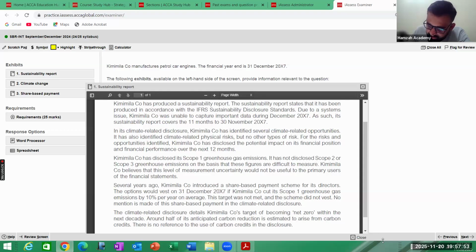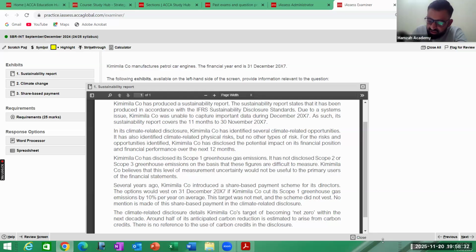So, Camila company has produced a sustainability report. The sustainability report states that it has been produced in accordance with the IFRS Sustainability Disclosure Standard. Due to a system issue, the company was unable to capture important data during 20X7, such as sustainability data. As such, its sustainability report covers 11 months to 30th November.